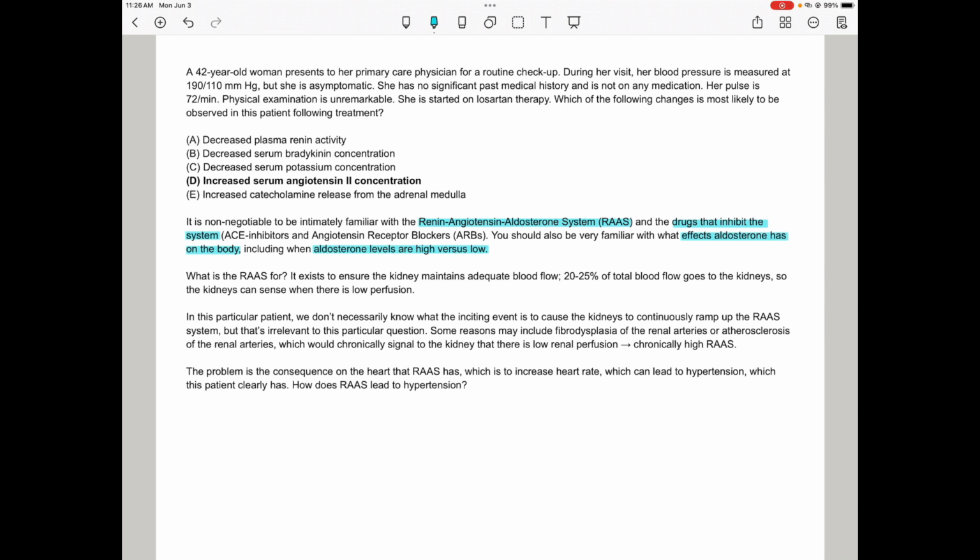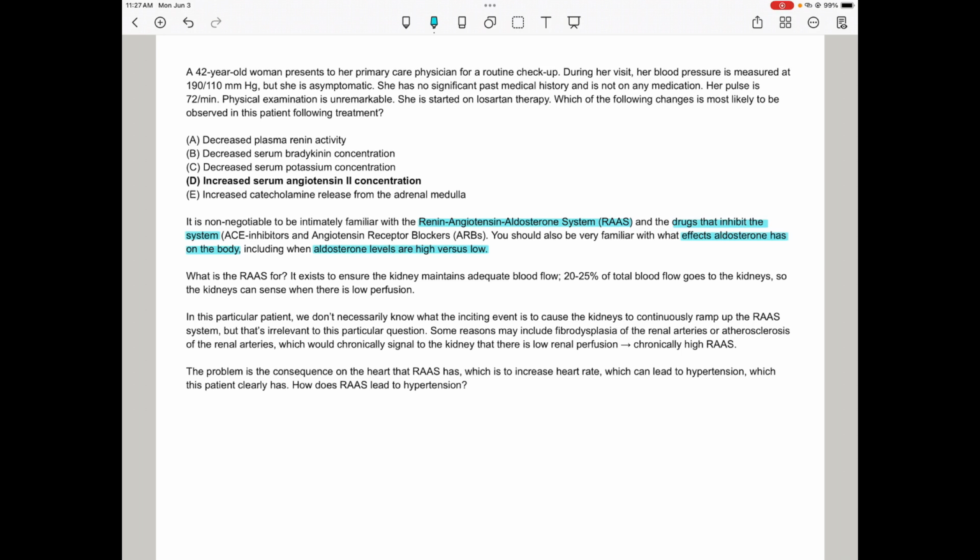So what exactly is the RAAS for? The RAAS exists to ensure the kidney maintains adequate blood flow. About a quarter of our blood flow goes to the kidneys, so they get about 10% of our blood flow each, 20 to 25% total. So they should be equipped with some sensory ability to know when they're getting low perfusion, which they do.